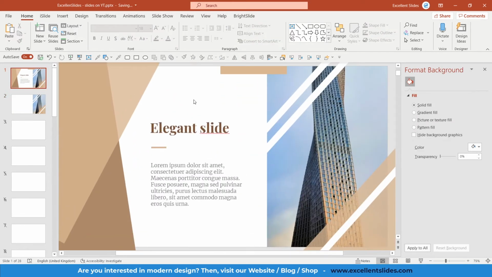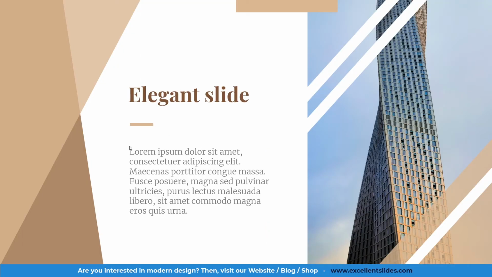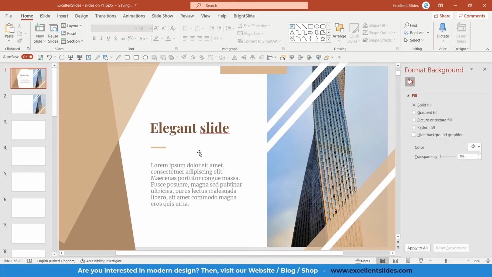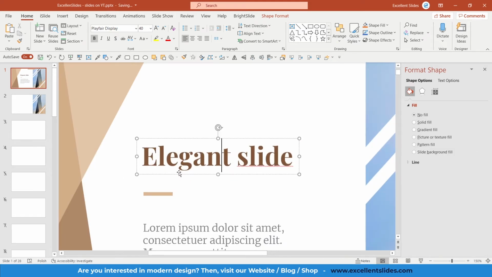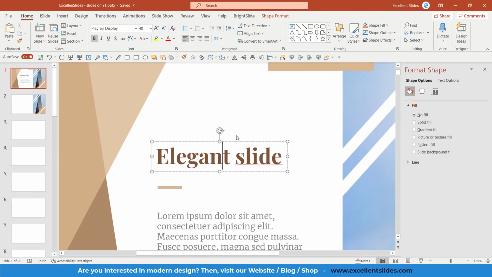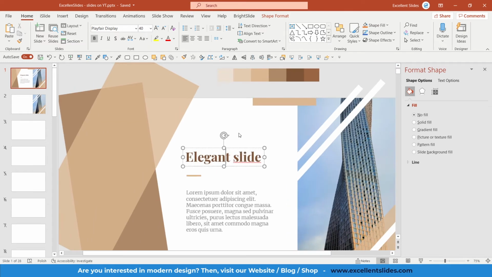Alright, so now maybe let's get into typography. As you can see, I wanted this slide to be something like a more elegant slide, so I used serif font. As you can see, it's Playfair Display, and I think this font really matches the style of this slide.